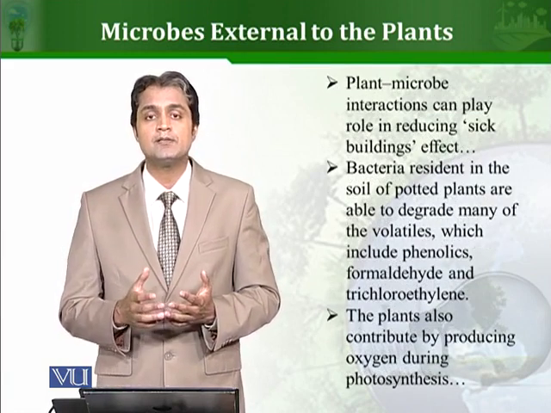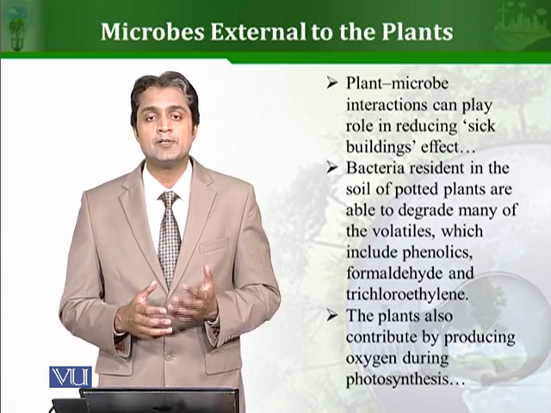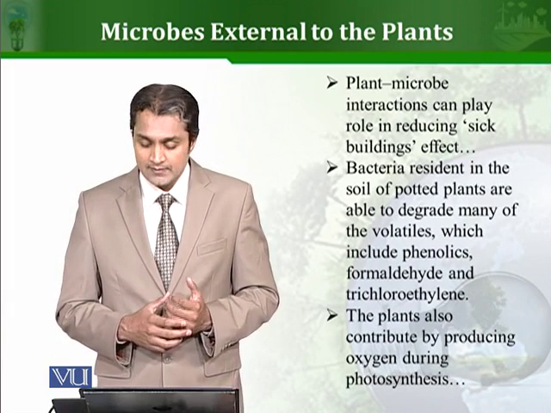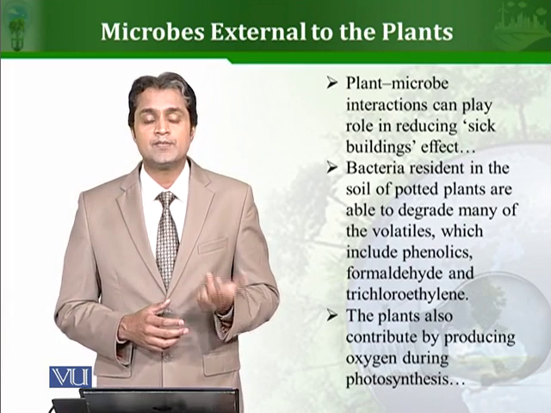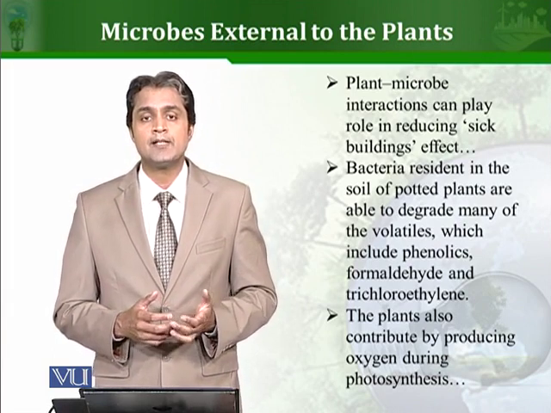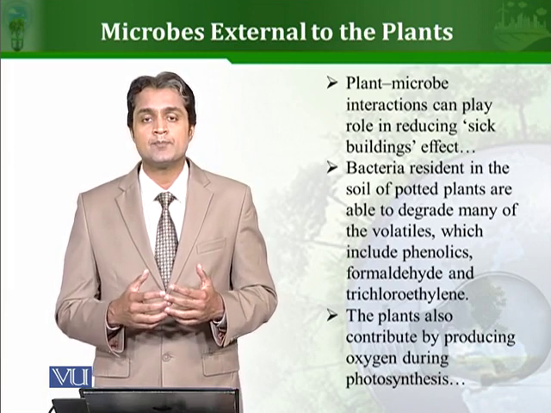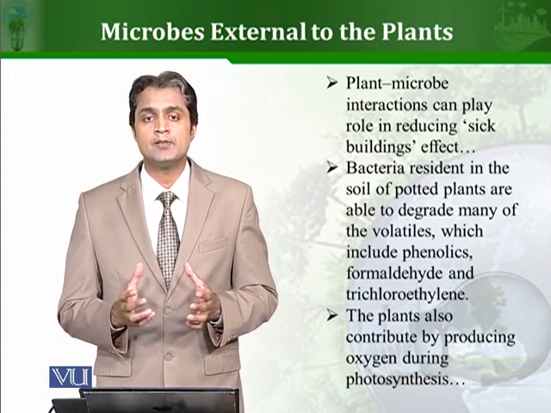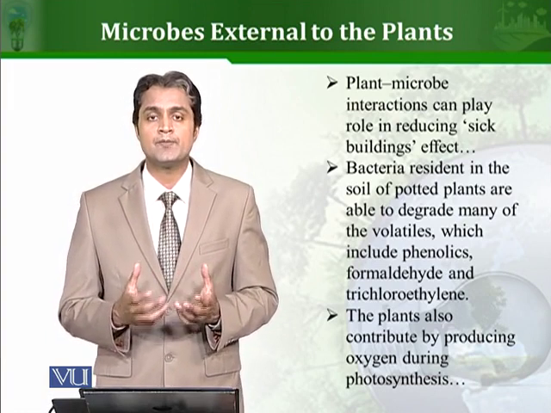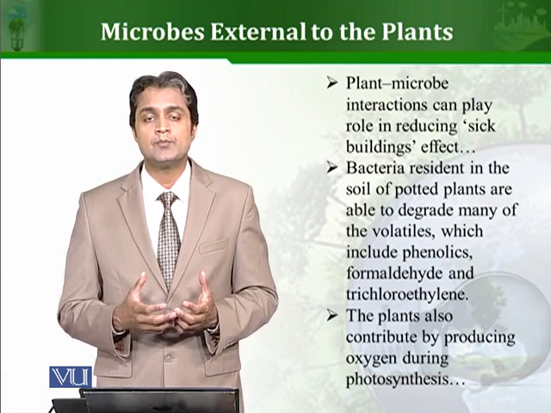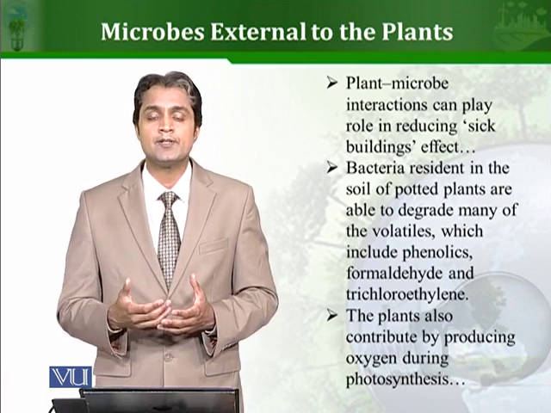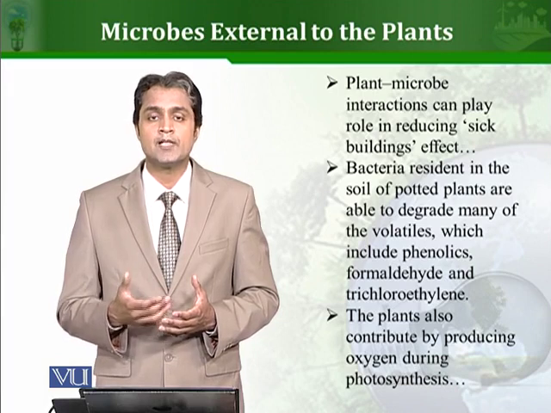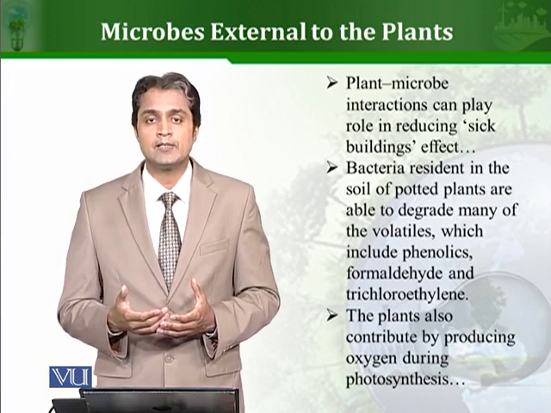Moreover, another very interesting example of plant microbe interaction is that this interaction can also help to reduce the sick building effect. Sick building effect is basically the effect which can be observed in closed environments like closed buildings, especially offices and other such buildings where different types of machines are operated, and all those machines can be a potential source for the generation of different types of harmful volatile compounds.